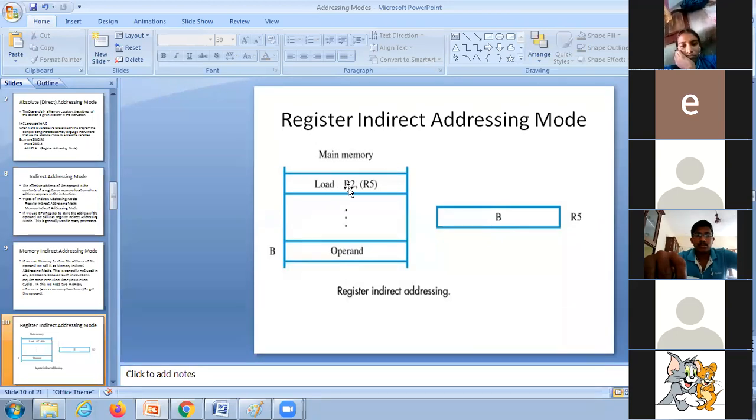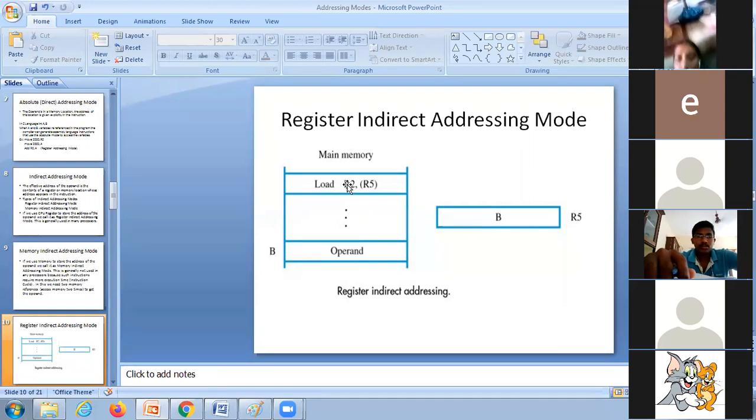Load R2 comma R5 means the value which is there in R2. R2 contains some value. Suppose R2 contains 20, for example.